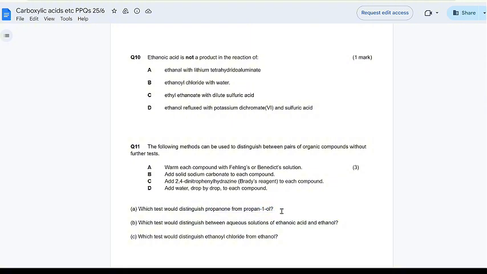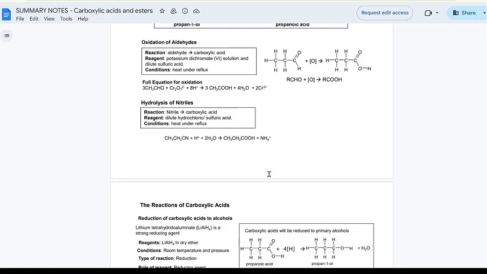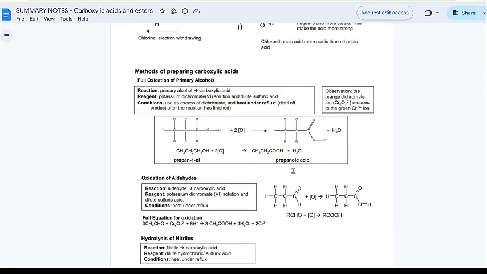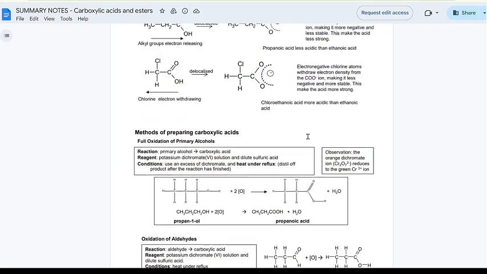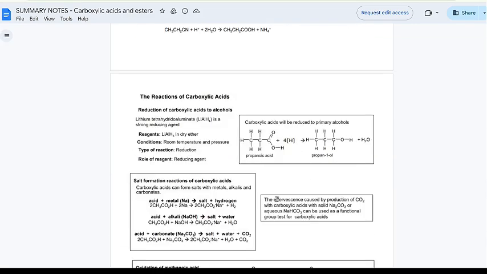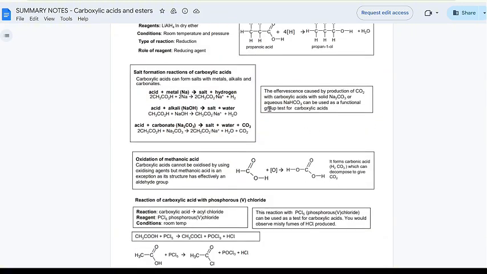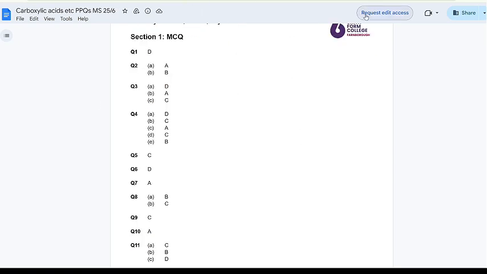So A was pretty free. B, yeah, that was pretty free because if we go back here, I don't know where we saw this. Yeah, the salt formation. So this is just that. So yeah, that was kind of free as well.